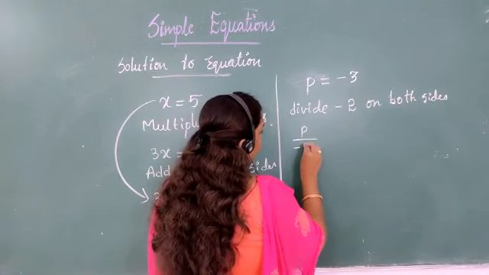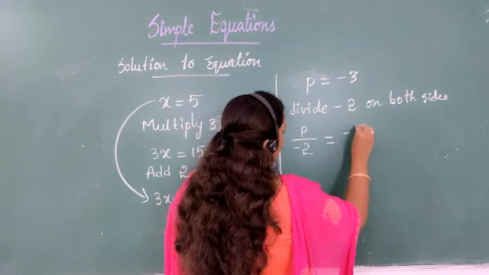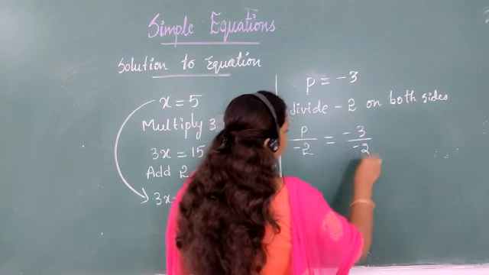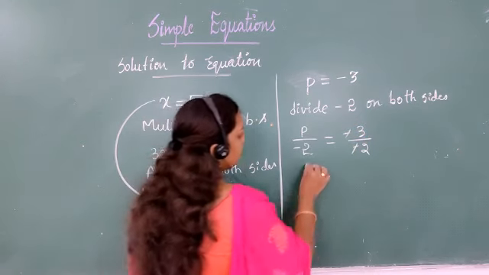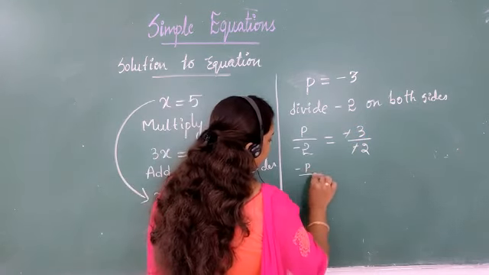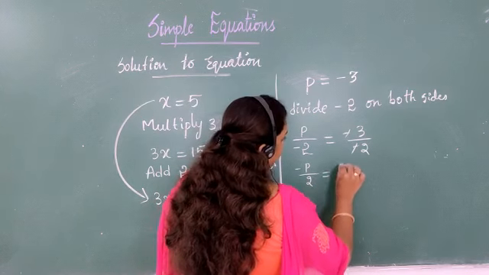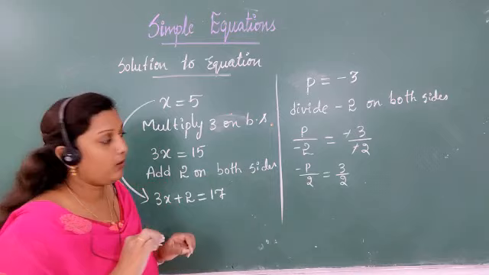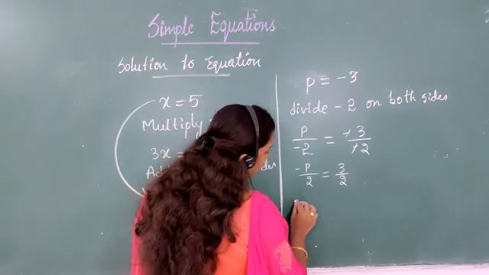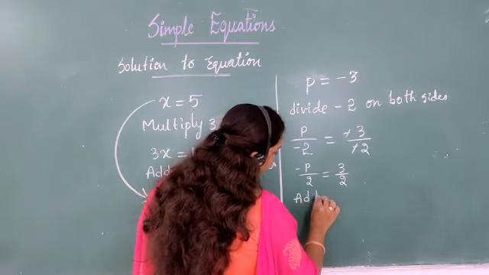P by minus 2 is equals to minus 3 by minus 2. So here minus minus gets cancelled. Remaining is minus p by 2 is equals to 3 by 2. Okay. Now I will add 5 on both the sides.